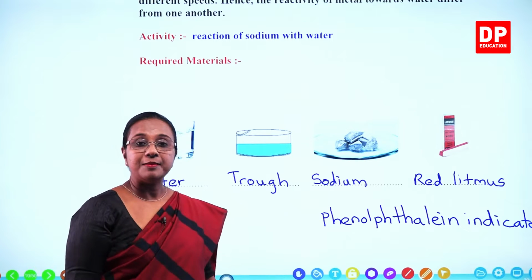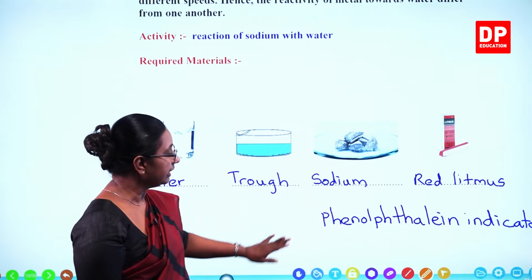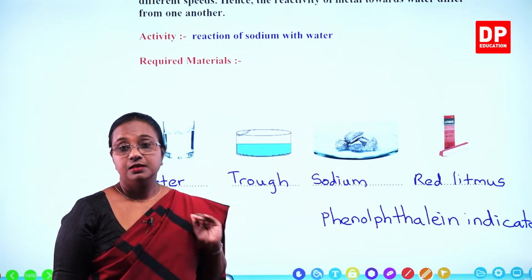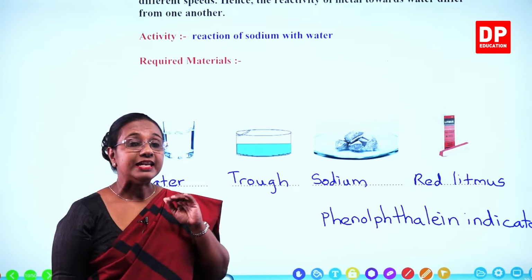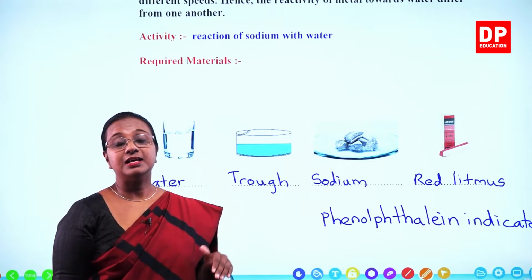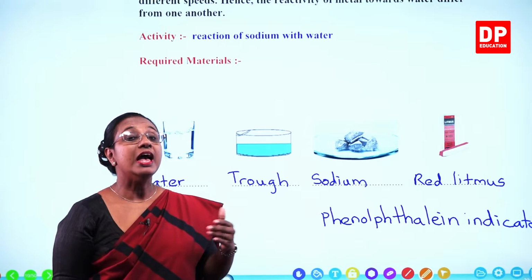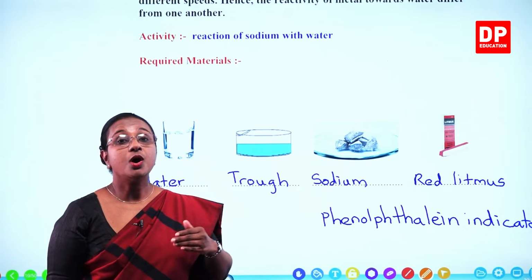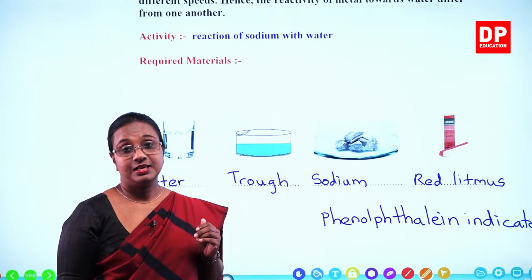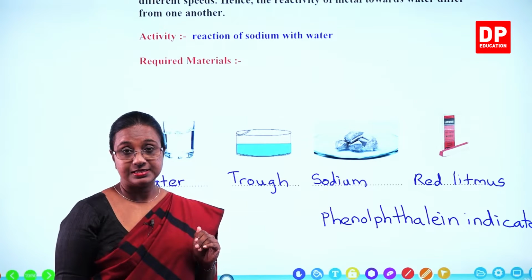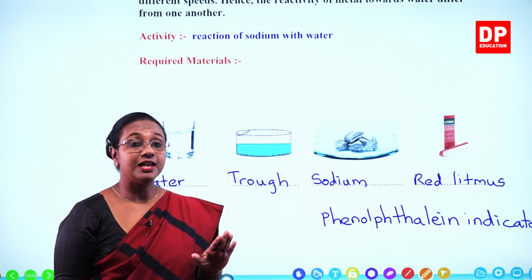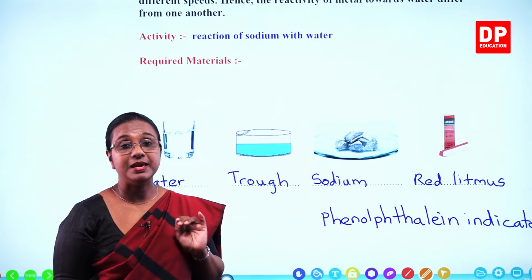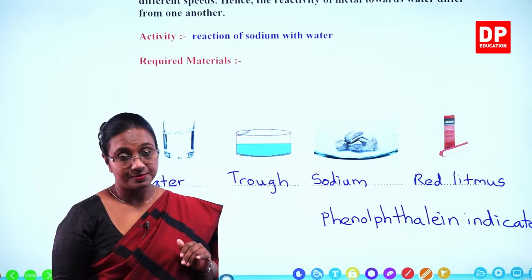I hope you all are familiar with phenolphthalein indicator. This is a colorless liquid and it gives a pink color when it is exposed to alkaline substances or bases. So it gives a pink color when there is a base or an alkaline substance.